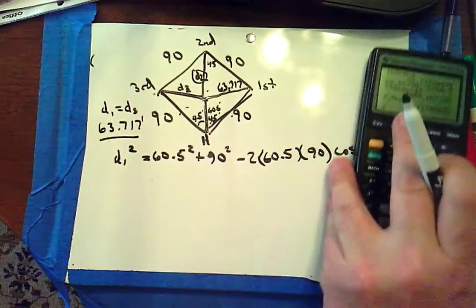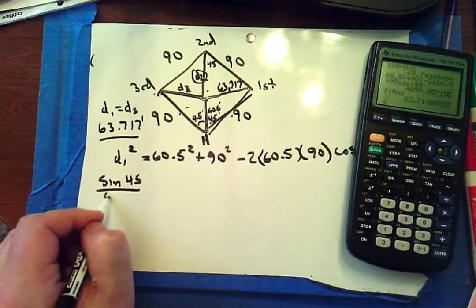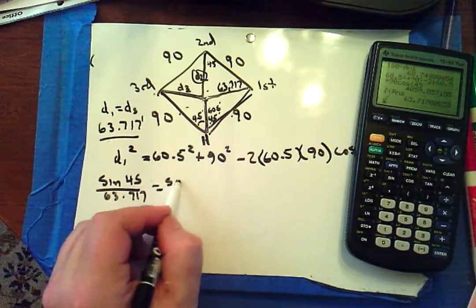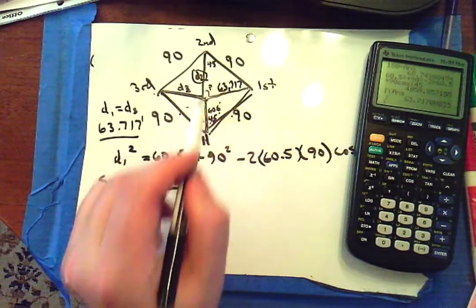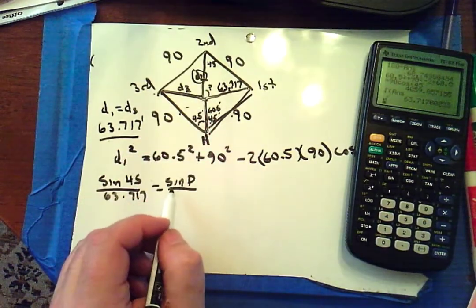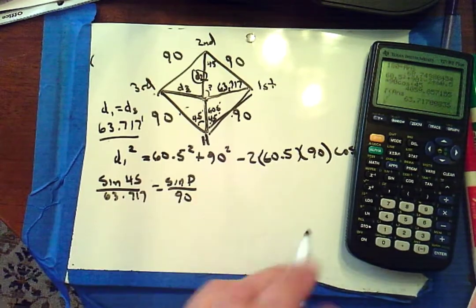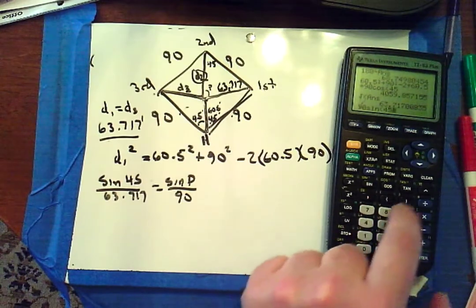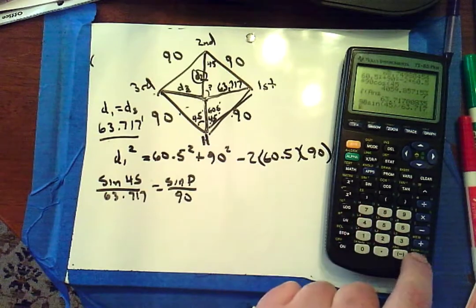So a long way to do this problem would be the sine of 45 over 63.717 equals the sine of the pitcher's mound, this angle P here, over 90. So 90 sine 45 divided by 63.717.